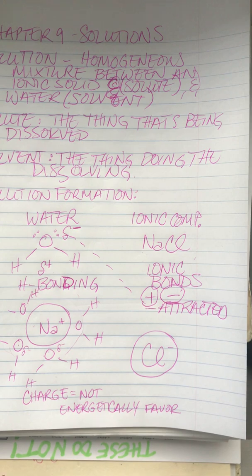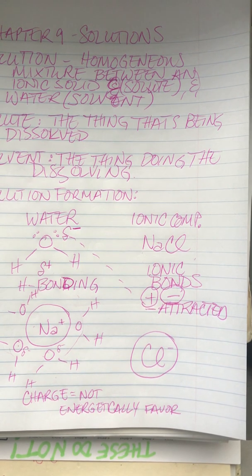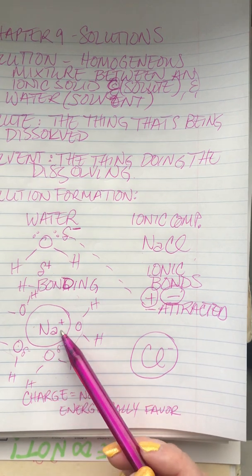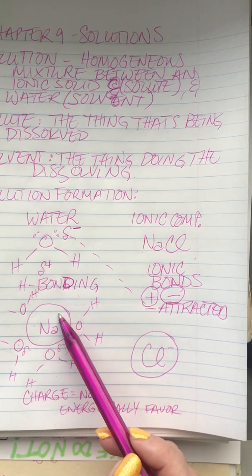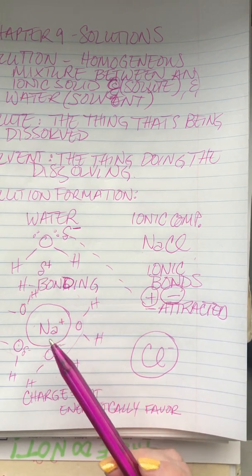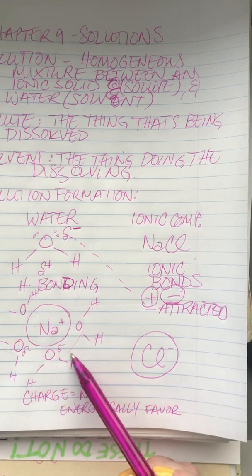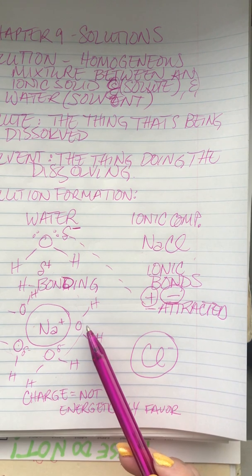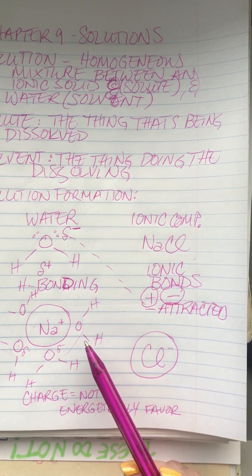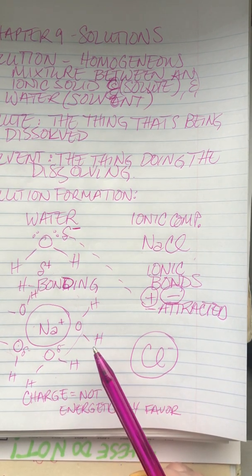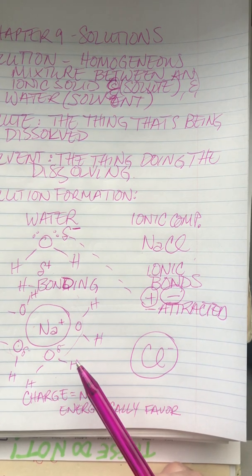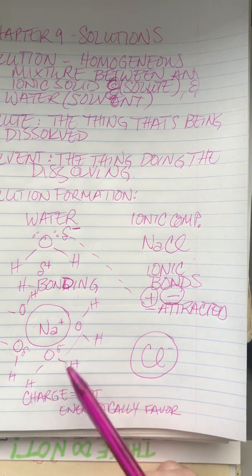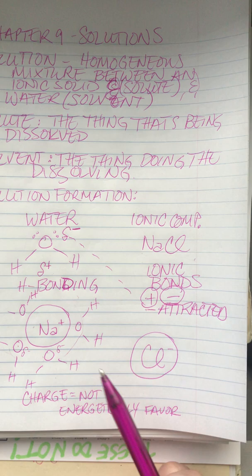Does it mean that things can't be charged? No, absolutely not. It just means that if you have a naked positive charge, like a sodium ion, it's going to be a lot more comfortable when it has this blanket of partially negative charges around it. So we're not saying that these things don't exist, just that there are more comfortable ways they could be.